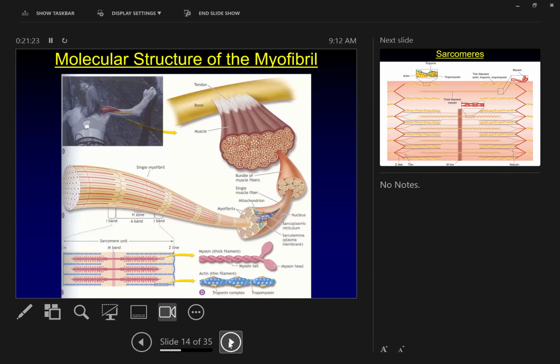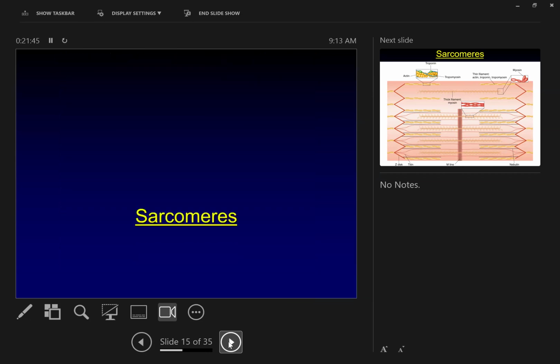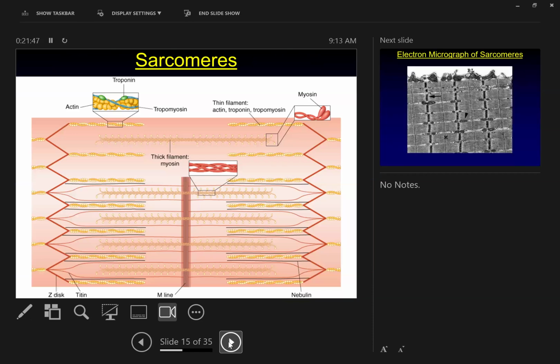The entire point of this organizational structure is to get the most actin and myosin in as small of an area as we possibly can, so we can maximize our ability to generate force. That's what is going to go on here. So I'll walk you guys through a little bit of this. We don't spend much time on myofibrils, other than here's what they are, they exist.